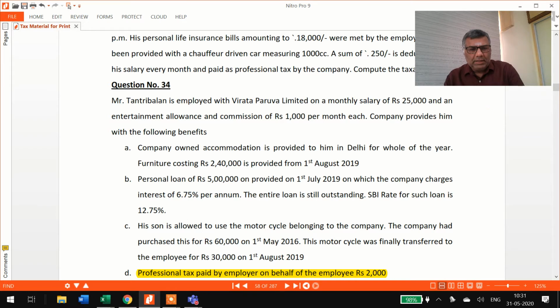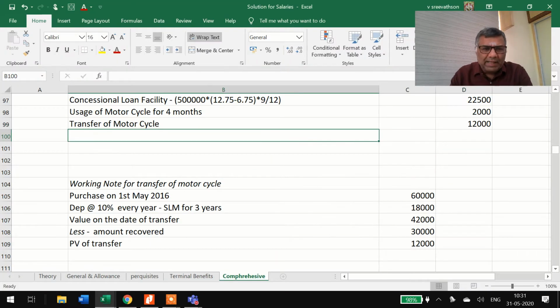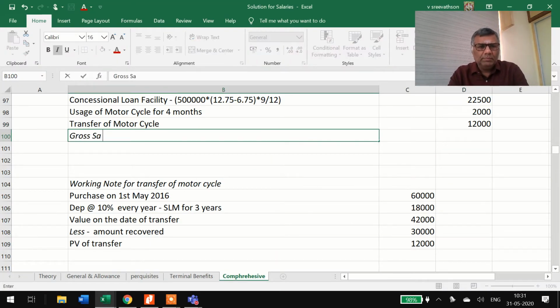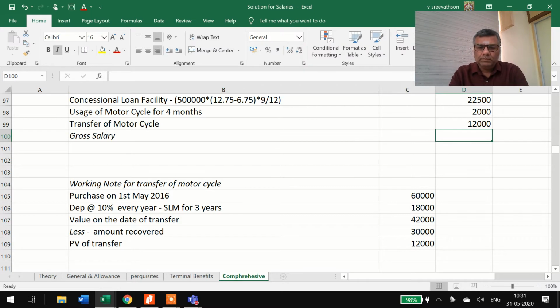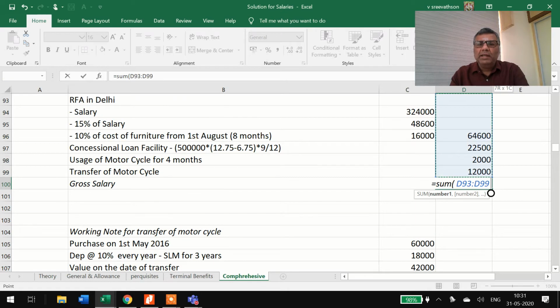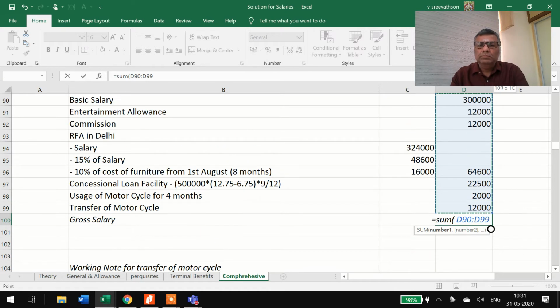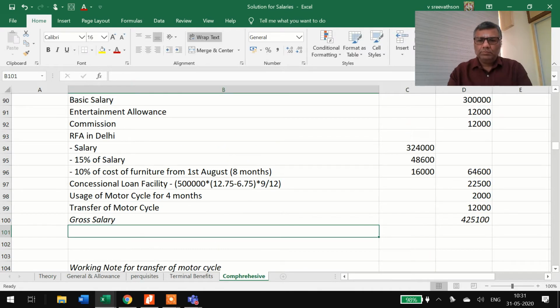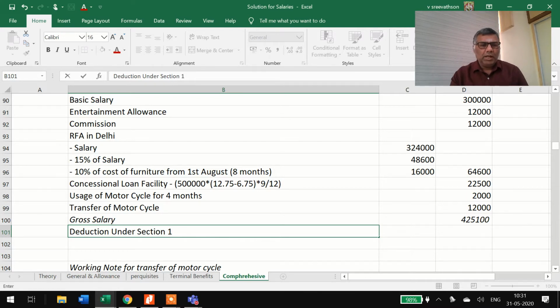That leads us to gross salary. Deduction under section 16. Oh, sorry, I missed out something.